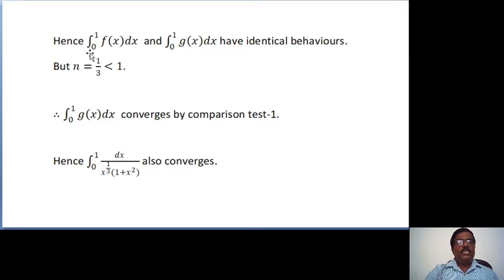So hence the integral from 0 to 1 of f of x dx and the integral from 0 to 1 of g of x dx have identical behavior. But n is 1 by 3, which is less than 1. Therefore the integral from 0 to 1 of g of x dx converges by comparison test 1.